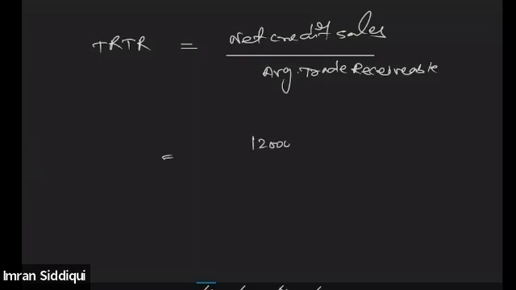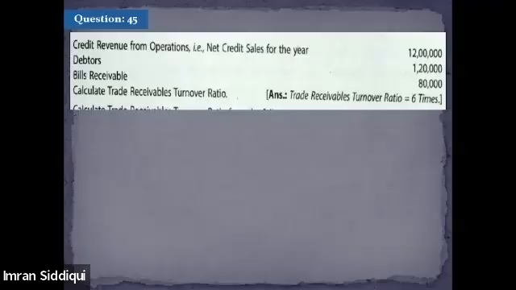Okay, so we have the credit sale already given in the question as 12 lakhs, I guess. And see, in order to find out the average trade receivables, since the closing trade receivable is not given, whatever the trade receivable given in the question will only be treated as the average trade receivable. If the closing trade receivable is not given in the question, we'll simply presume that the trade receivable given in the question is the average trade receivable.